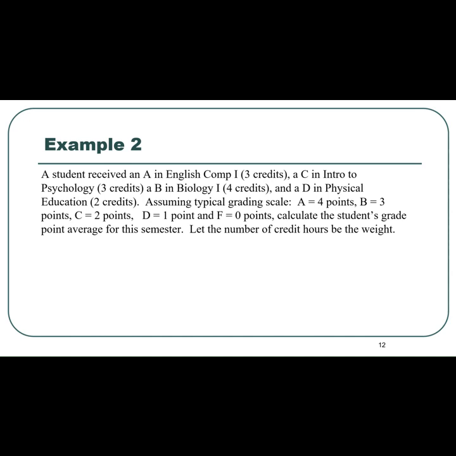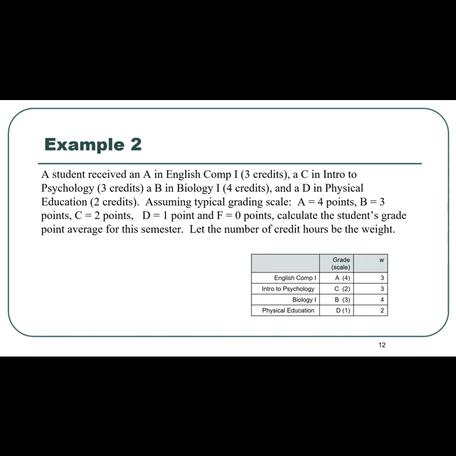So the GPA for this student in this specific semester is nothing but the weighted average, where the weight is the number of credits and the points are 4, 3, 2, 1 for the ABCD grade.